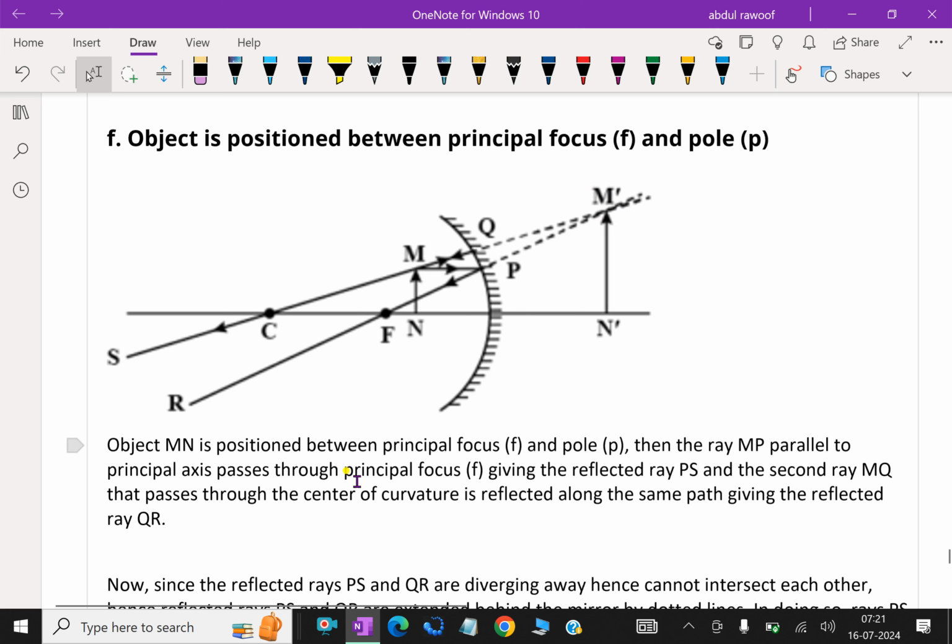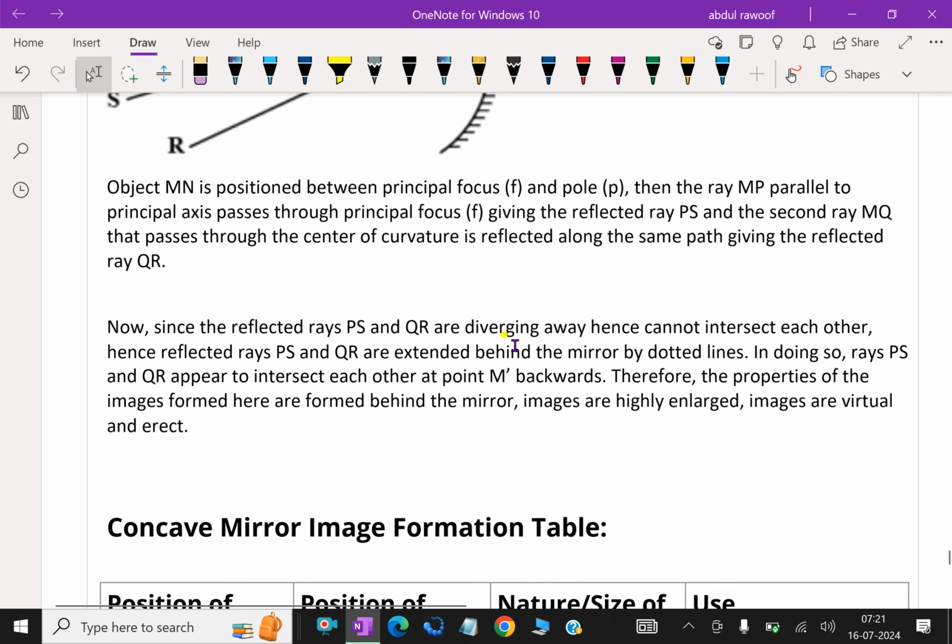Object MN is positioned between the principal focus F and pole P. Then the ray MP, parallel to the principal axis, passes through the principal focus F, giving the reflected ray PS. The second ray MQ, which passes through the center of curvature, is reflected along the same path, giving the reflected ray QR. Now, since the reflected rays PS and QR are diverging away, they cannot intersect each other.